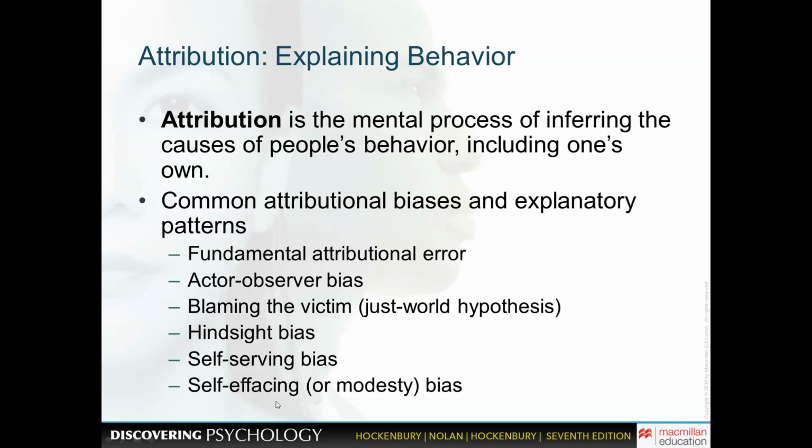So basically that's saying, hey, I failed because I always fail. I'm just not a successful person. That kind of thing, even though one's failure might be due to situational external causes.